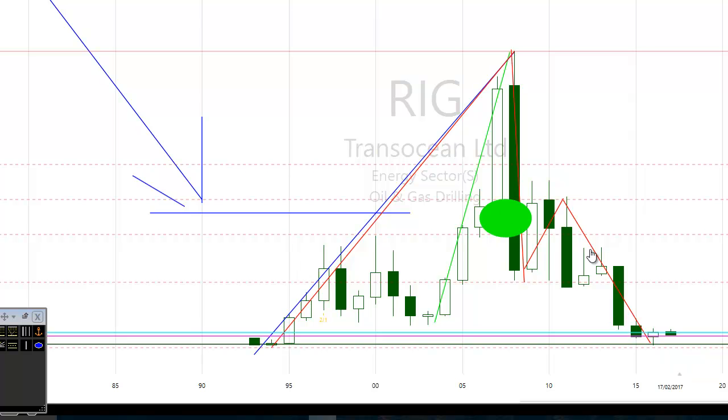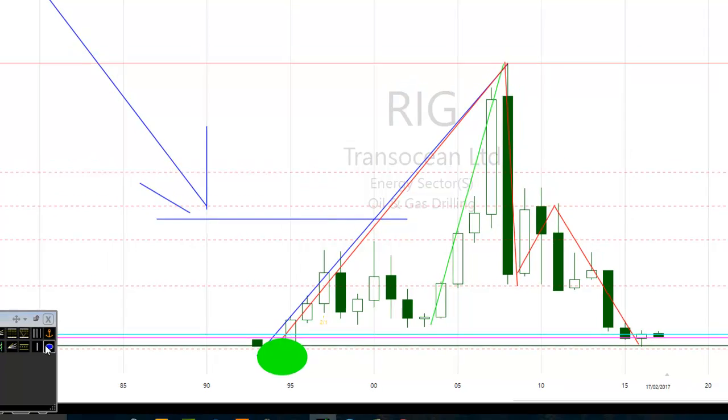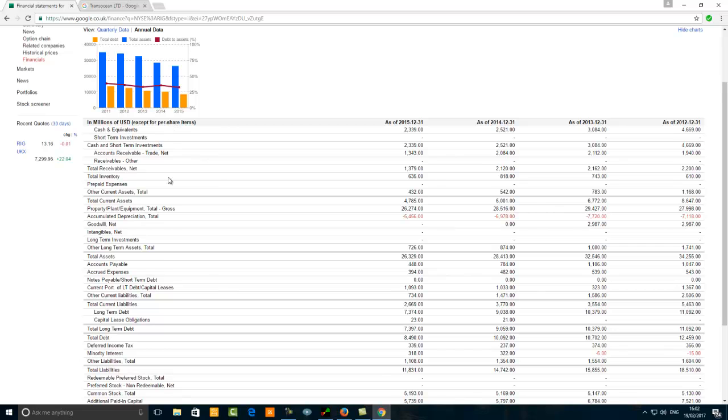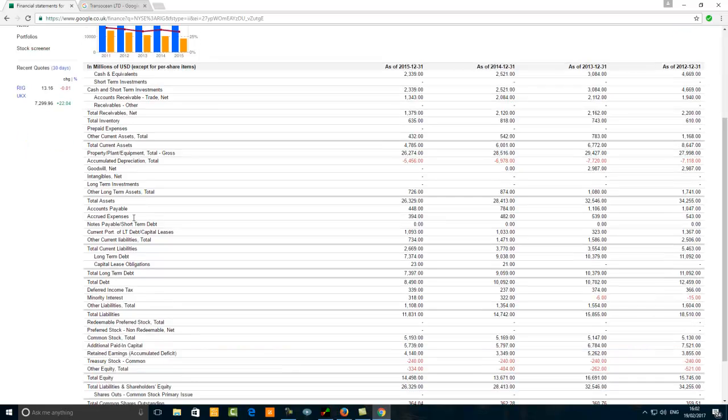All right. So now we are at a cycle point on the yearly chart. What do I mean by cycle point? We are at the beginning of the prior trend. So whenever a stock is revisiting the cycle point, revisiting the starting of a prior trend, the best thing to do is to go to Google Finance, perform the Google Acid test, compare also the long-term liability to the total asset, check the cash flow, right?